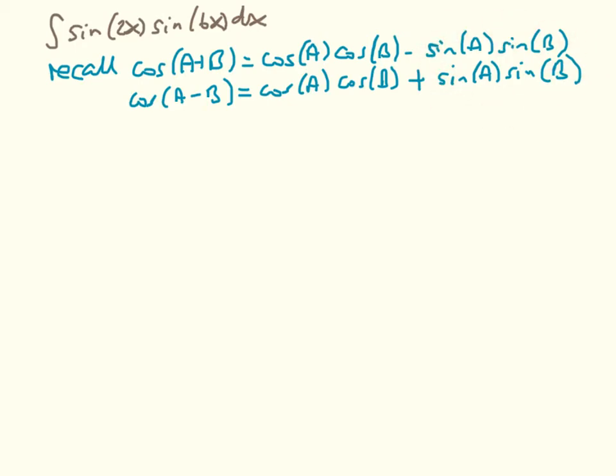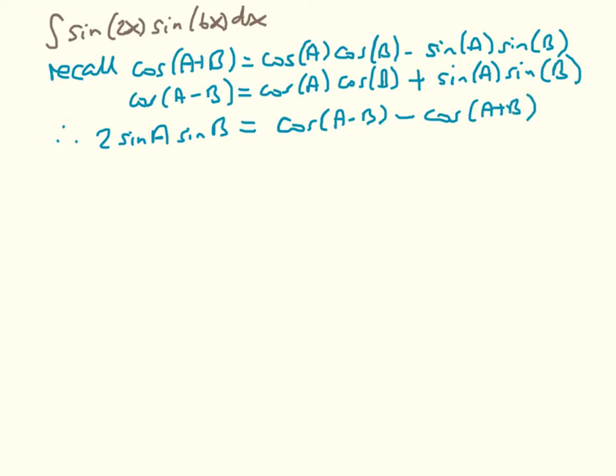So what this shows is that 2 sine A sine B is the cosine of A minus B minus the cosine of A plus B. And this is the formula that we now want to use, dividing both sides by 2 of course in a moment to get rid of this factor, to substitute into here with an appropriate choice of A and B.